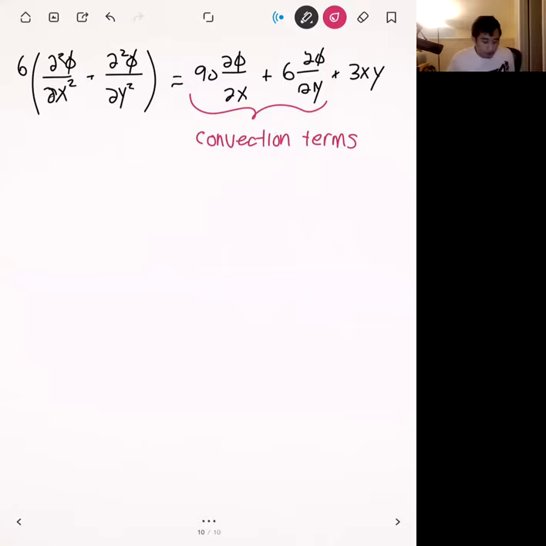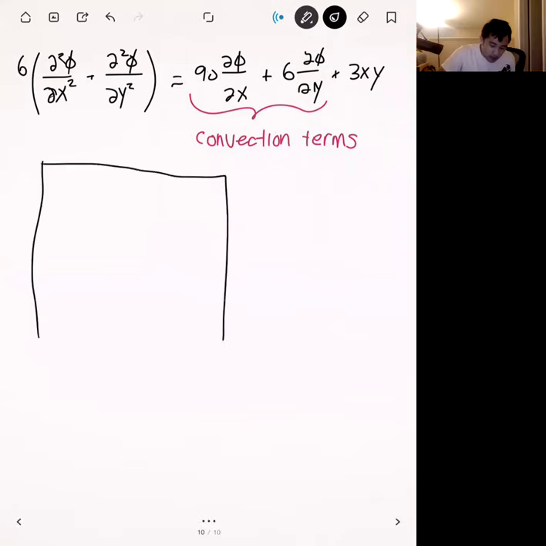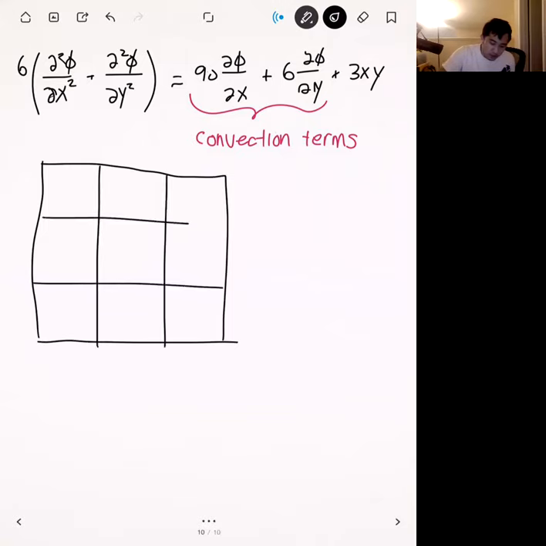In addition to the diffusion derivatives, we're going to have to discretize these convection derivatives with a finite difference scheme. Let's assume that we're working with the same grid, because I just went over the boundary condition nodes in excruciating detail, so I don't want to repeat that. But when you add convection, it's going to change how you discretize the interior nodes, because now our equation is different.